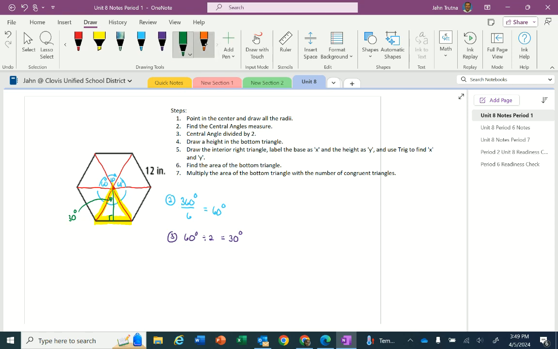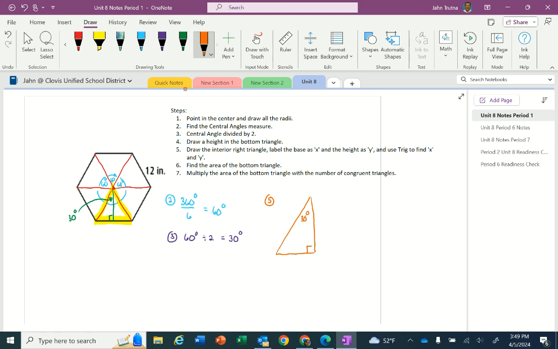Step number 5 is you're going to draw that interior right triangle that we just created. So you're going to take that interior right triangle right here, and you're going to draw it. The 30 degrees is up at the top. And this is where you got to think a little bit.